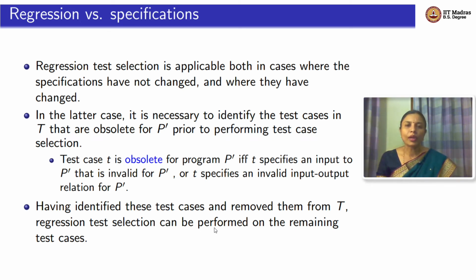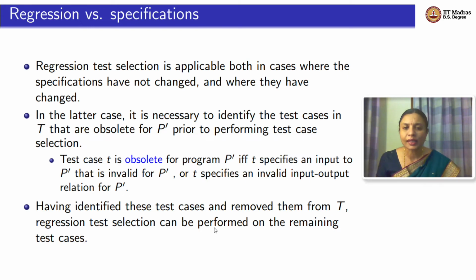Before that, we have to understand a bit about regression testing versus specification. Regression test selection is applicable in 2 cases: your specification or requirements have changed, or they haven't changed. In the case where they have changed, we have to identify test cases from the original set T that are not useful for P prime, that are obsolete for P prime.